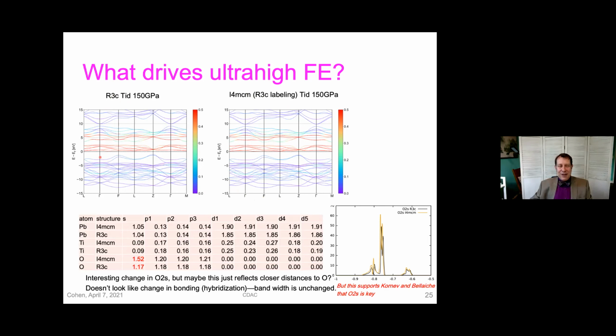I found some little differences, but generally speaking, you're not going to convince me that there's some big change in electronic bonding here between the one structure and the other structure. And also the color scale here shows how much titanium d there is in a given electronic state. And so the red ones are mainly titanium d, and there's a little bit of hybridization with the oxygens, which is the same as what I pointed out was important for driving ferroelectricity a long time ago.